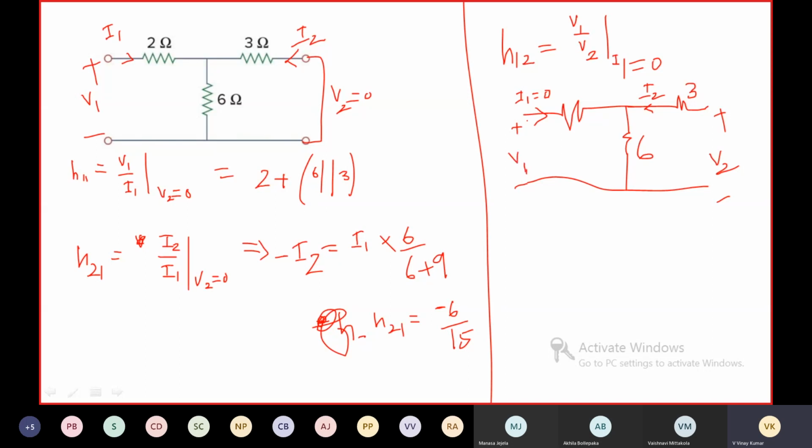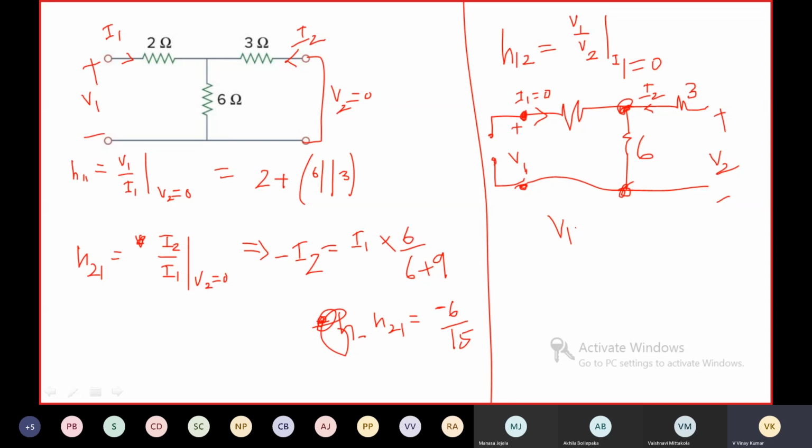Port 1 is open circuited, so you are only calculating the voltage, not applying any voltage here. No current flows through it, so V1 is the voltage across the 6 ohm resistor.